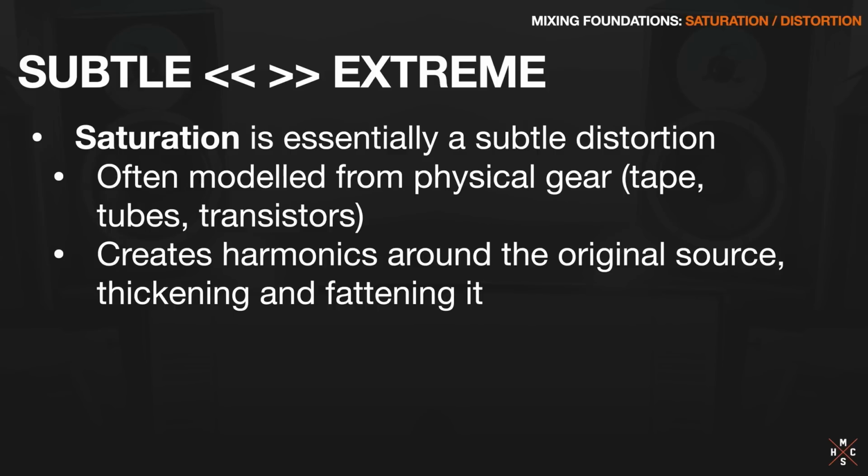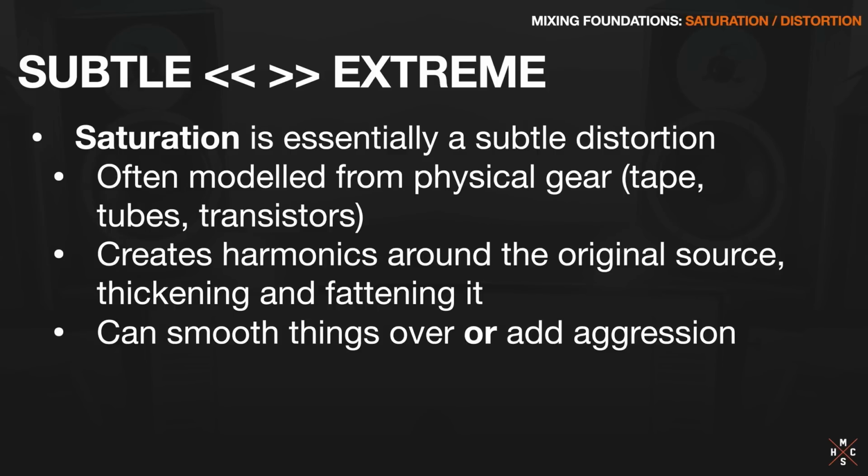I want it to take up more space in the mix and be a little bit bigger and richer. Some types of saturation can also smooth things over. It can take harsh high frequencies and make them sound smoother by kind of padding around it with complementary frequencies. And also, depending on the type of distortion or saturation, it can sometimes make things sound more aggressive.